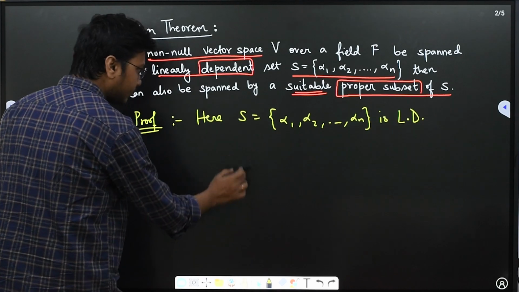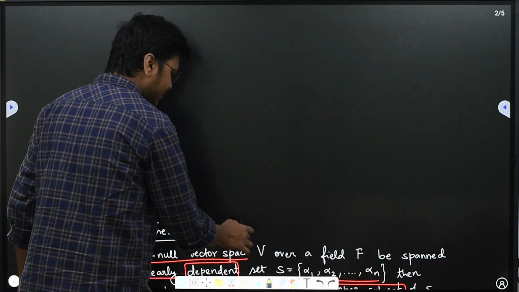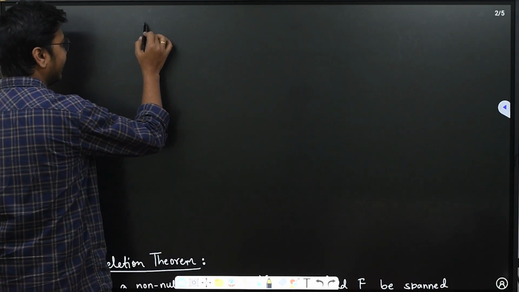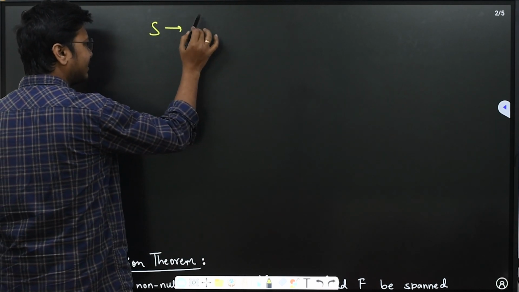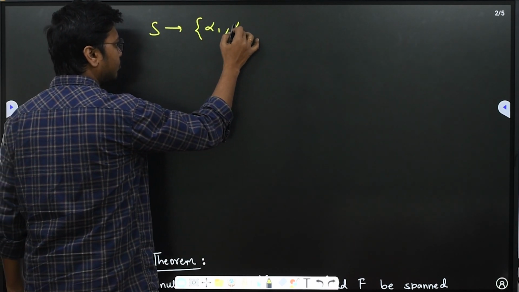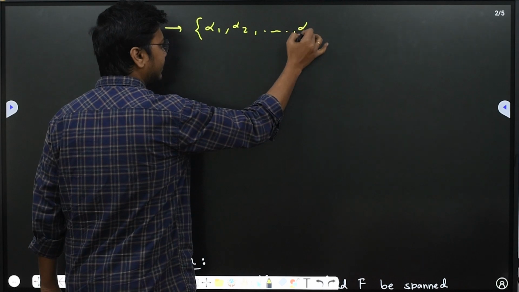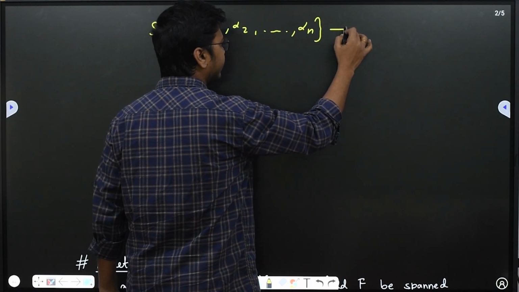So imagine some set, the given set only, alpha 1, alpha 2, dot dot dot, alpha n, this is linearly dependent.